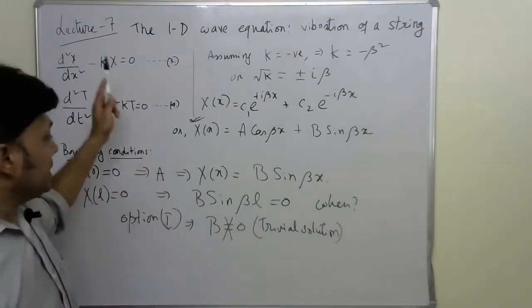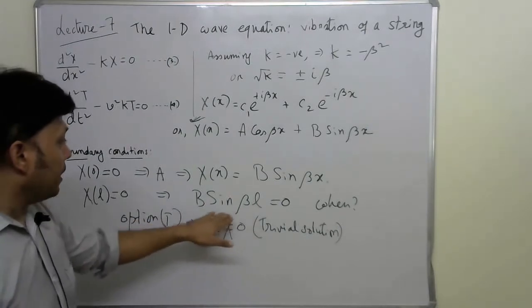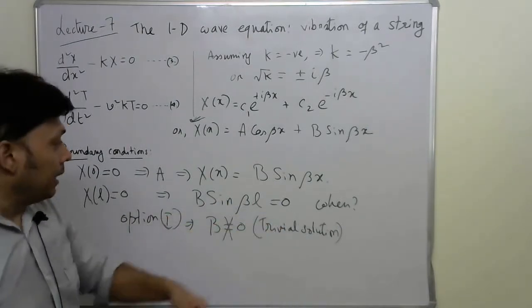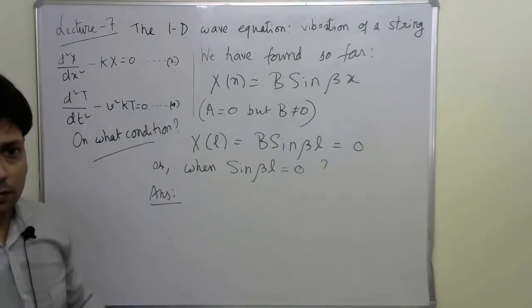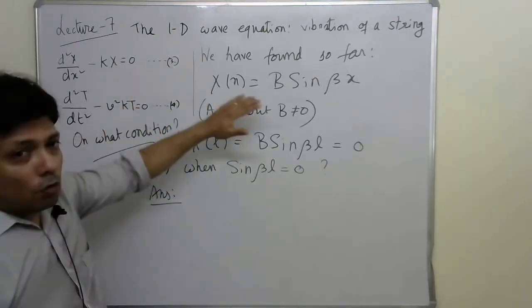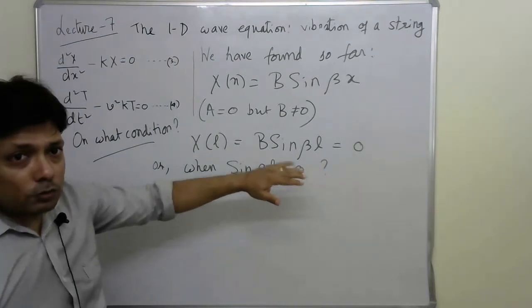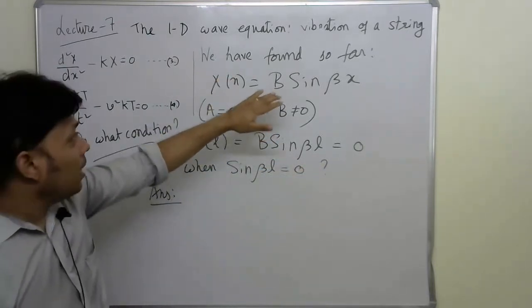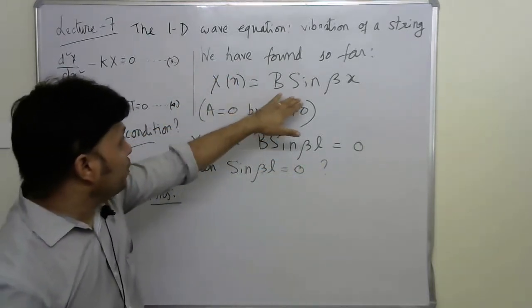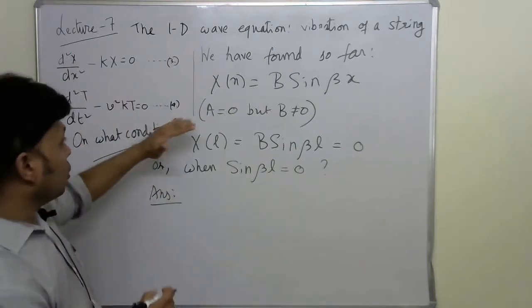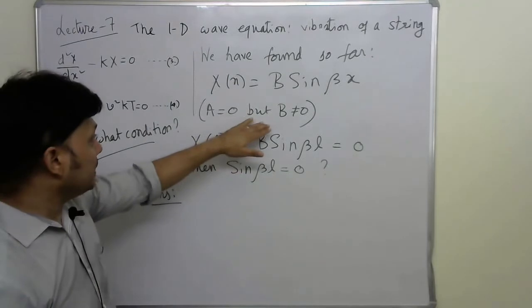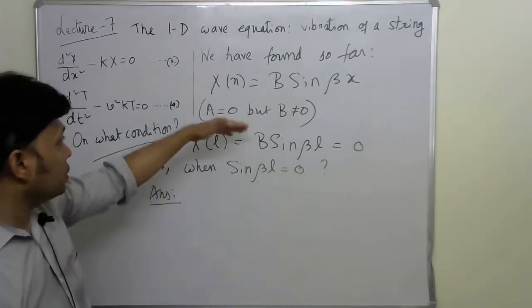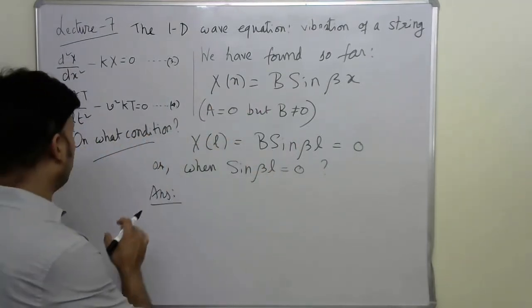So then what is left is what happens when sine beta L is equal to 0. So let's quickly take a look. So far we have found that X of x is equal to b sine beta x. So far this is the solution we have found, and we have also seen that a is equal to 0, but b is not equal to 0, because b equal to 0 gives us a trivial solution.